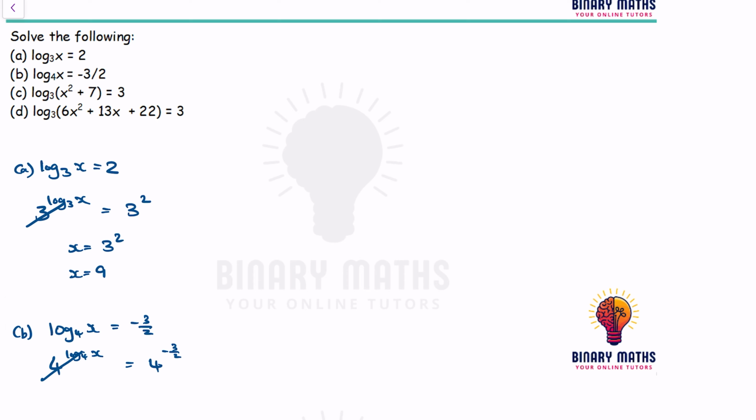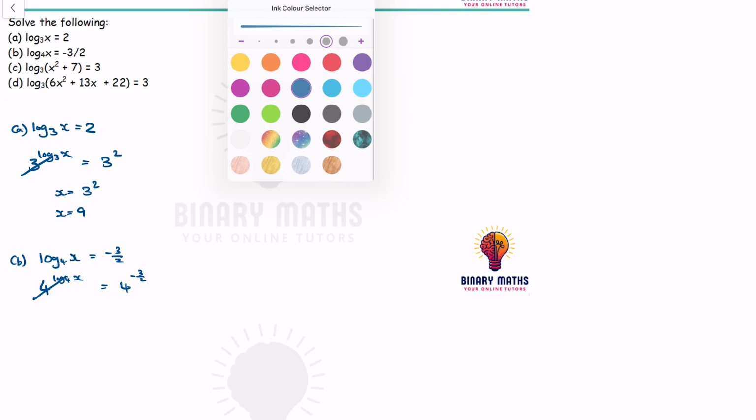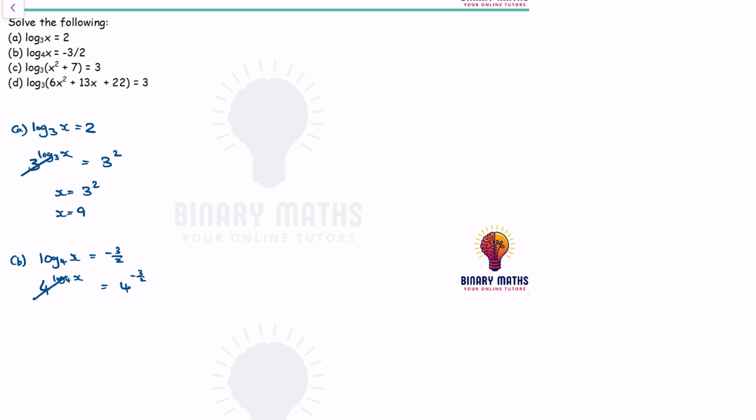So x is equal to 4 to the power of minus 3 over 2, which means x is equal to 1 over the square root of 4 cubed, which means x is equal to 1 over 8.